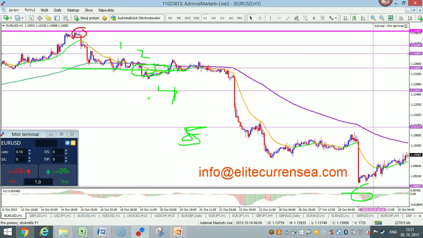In this case, you can see euro dollar was already in a downtrend, or at least had a lot of downtrend in the past year. And you can see when level 3 broke, boom. Not only to level 4, boom, way down to level 5, and actually even further, although that took some time. But you can see where was the impulse. Very quick acceleration here in level 4 and 5.